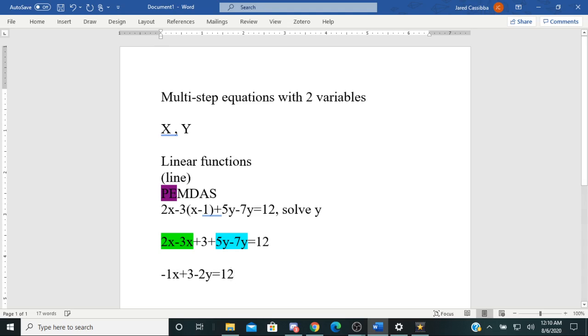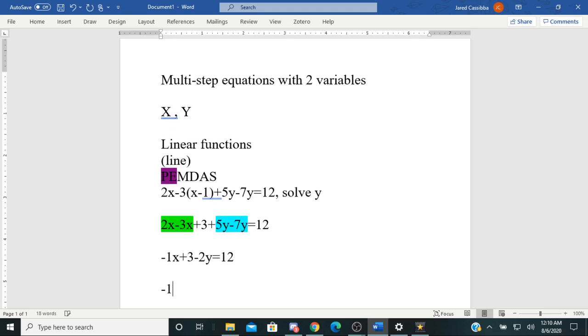So it's -1x plus 1x plus 3 minus 3 minus 2y equals, and what I did to the left, I have to also do to the right, just to stay balanced. So I added 1x and subtracted 3, and I have the original 12 there.